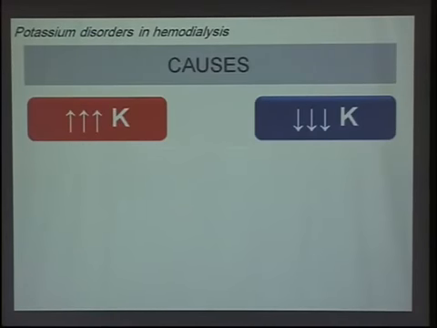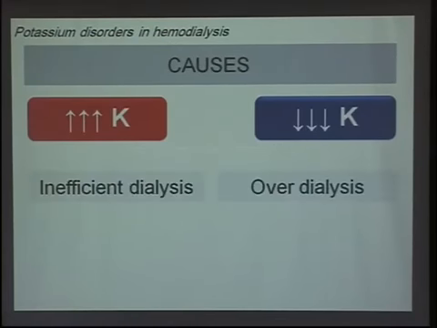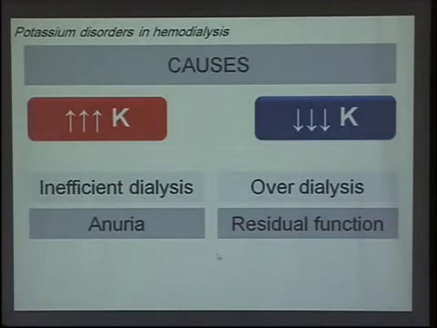So we have causes of dyskalemia related to hemodialysis, and we have other common causes of dyskalemia like any other person. So inefficient dialysis will cause hyperkalemia, while overdialysis will cause hypokalemia.